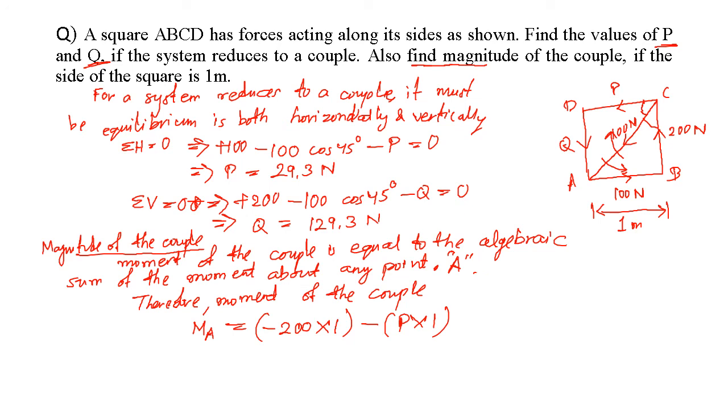Diagonal also passing through point A, so its moment is also 0. 100, diagonal and Q, these three forces passing through A have no moments. By putting the value of P here in the equation, minus 200 minus 29.3 into 1 equal to minus 229.3 Newton meter.